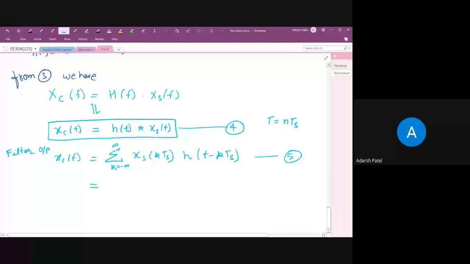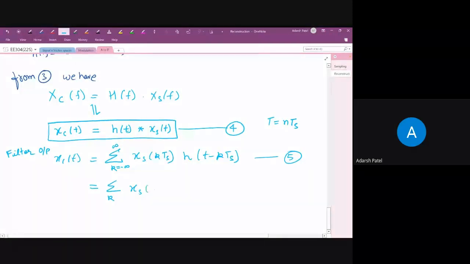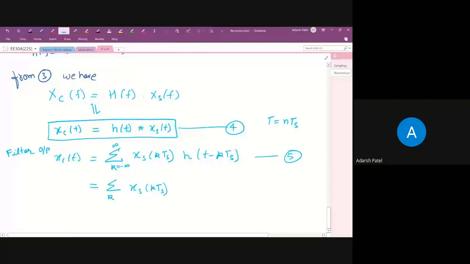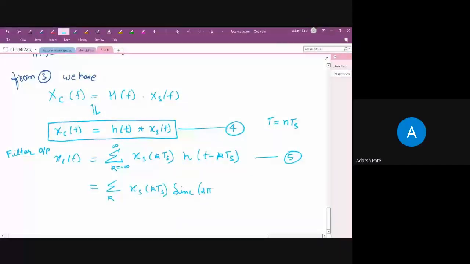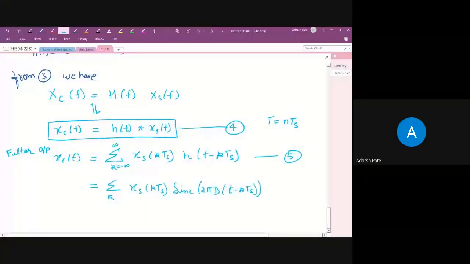If this is clear to everyone, then I can write this as kT_s times the sinc, with kT_s.